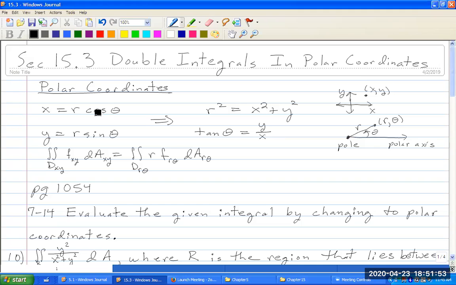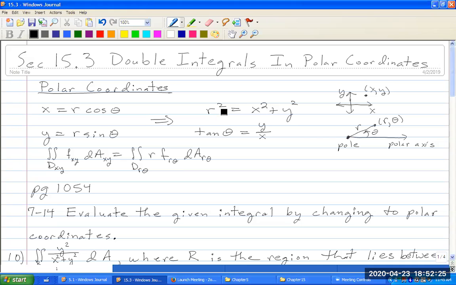Next, I can just divide these two quantities. So y over x equals r sine theta divided by r cosine theta, the r's cancel. So I just get sine over cosine, which is tangent theta, is equal to y over x. So given x and y, I can determine r and theta. Now there's a little bit of arbitrariness here.